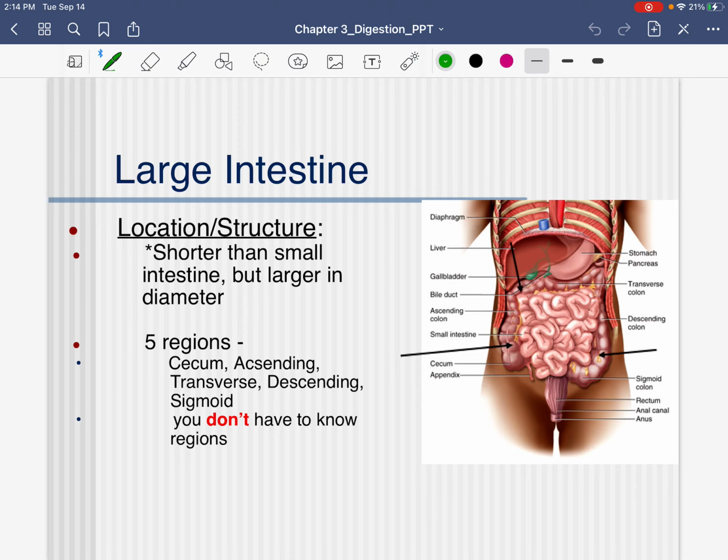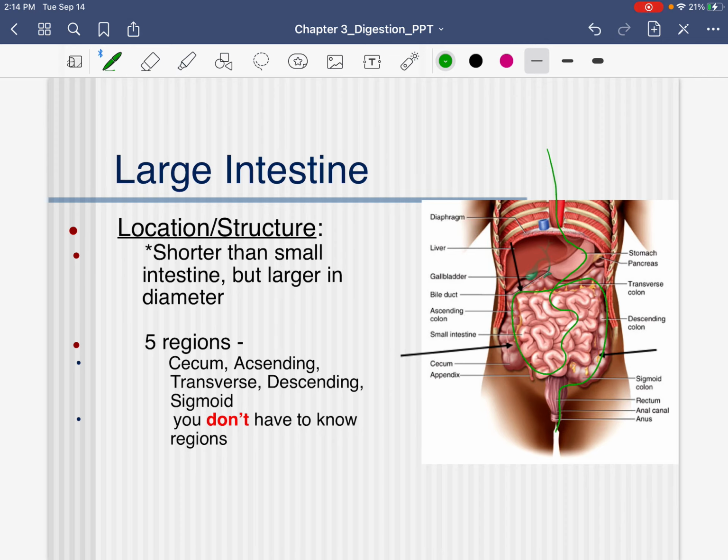Just to refresh your memory, make sure we're all on the same page here. We started by going through the functions of the digestive system, and then we talked about the digestive tract versus accessory organs. Remember, the digestive tract is the direct path that food takes through the body, looks like that.